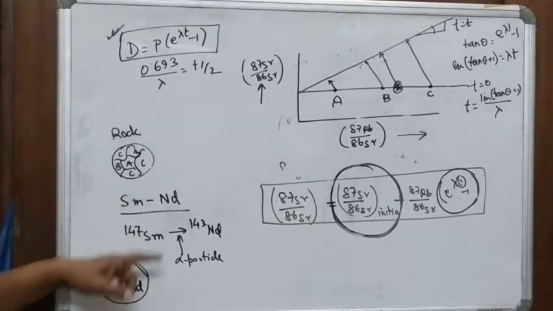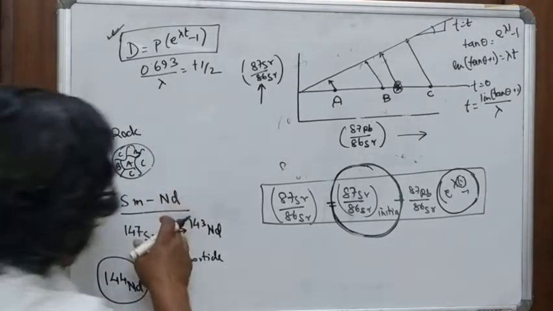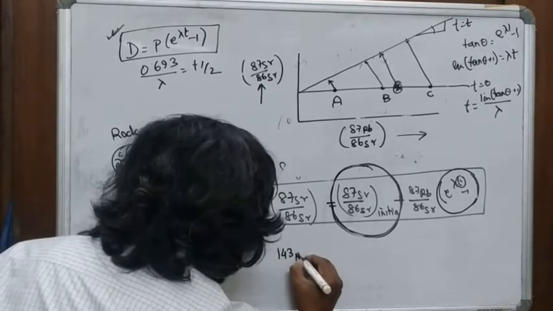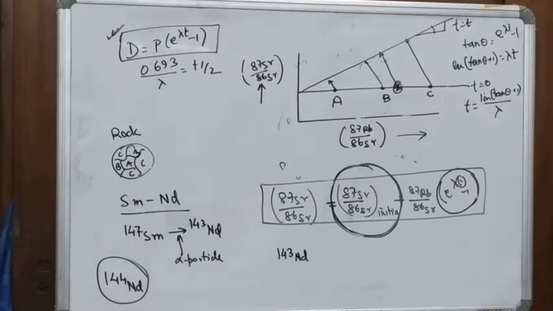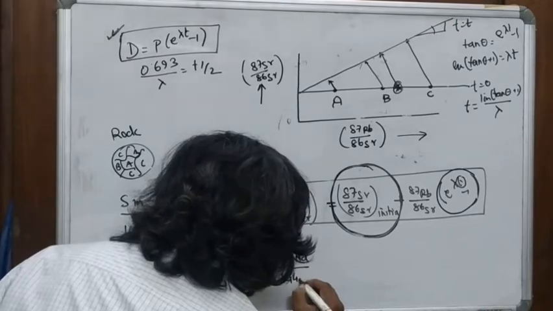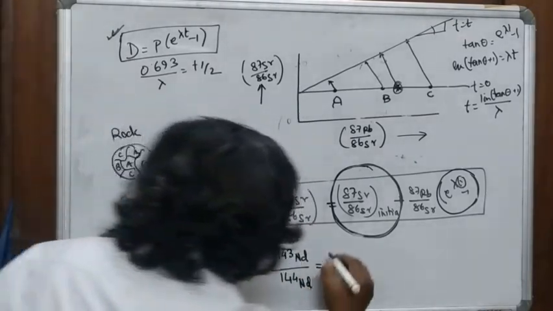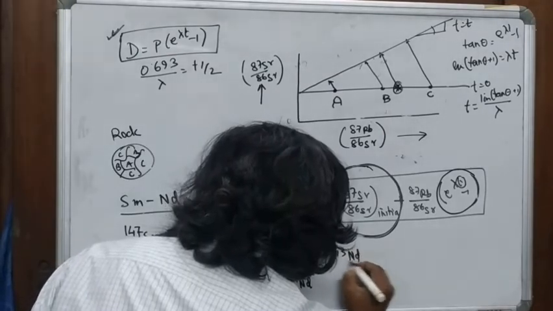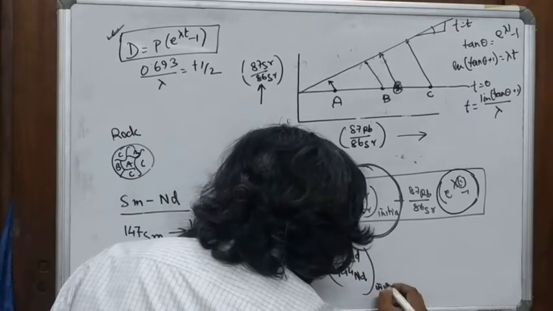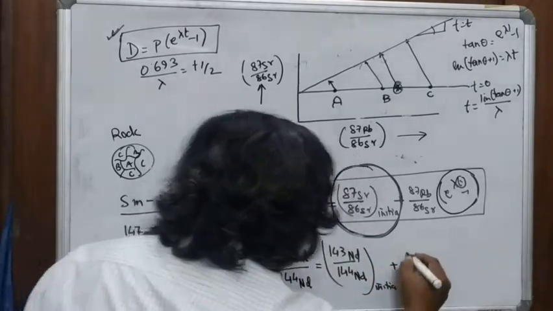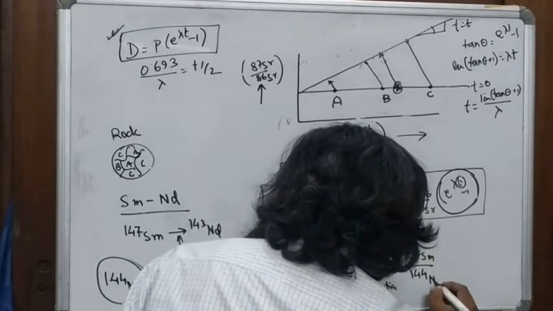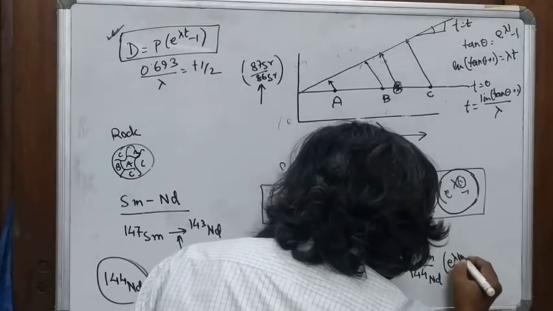So if we look at samarium-neodymium ratios, it is given like this: 143 neodymium by 144 neodymium is equal to 143 neodymium divided by 144 neodymium, and this is initial, plus 147 samarium divided by 144 neodymium into e to the lambda t minus 1.